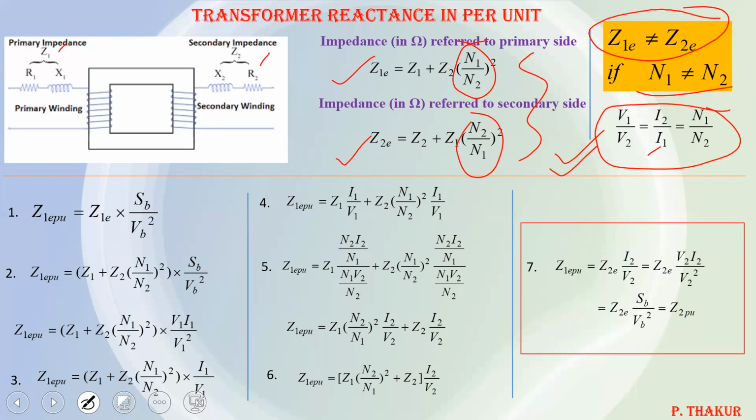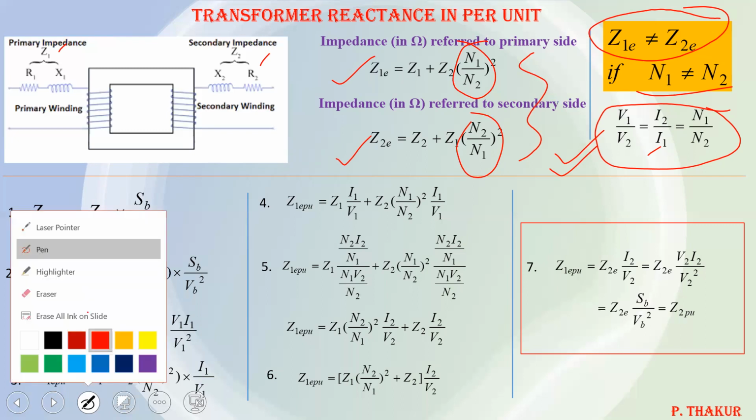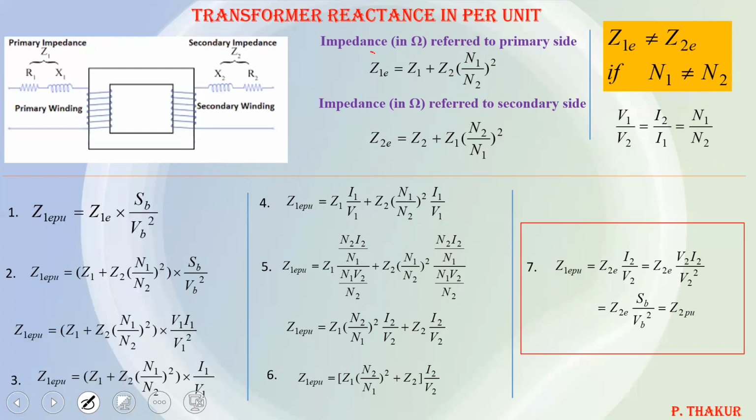So now I'm going to calculate the impedance of the transformer in per unit. Suppose you want to calculate the impedance of the transformer referred to the primary in per unit.